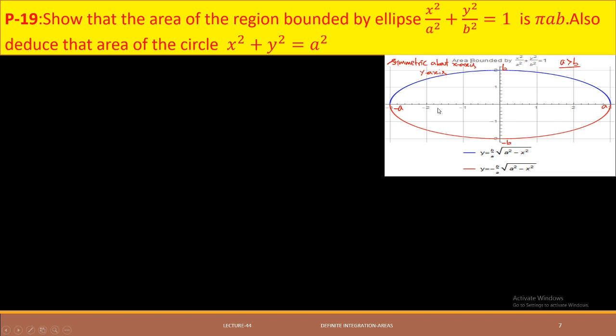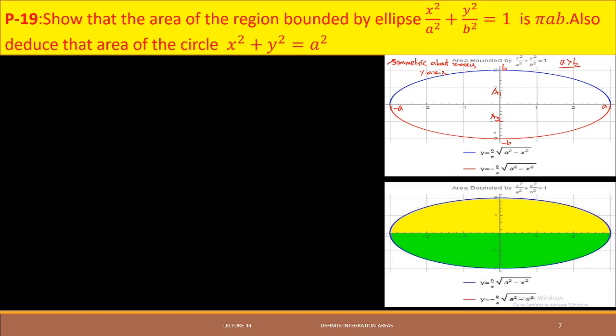All symmetries are available in the ellipse. So because of the symmetry, I can divide the entire region into two parts, namely A1 and A2. Let me show you the shaded region here. So the entire region is divided into two parts based on the symmetric property of the ellipse.